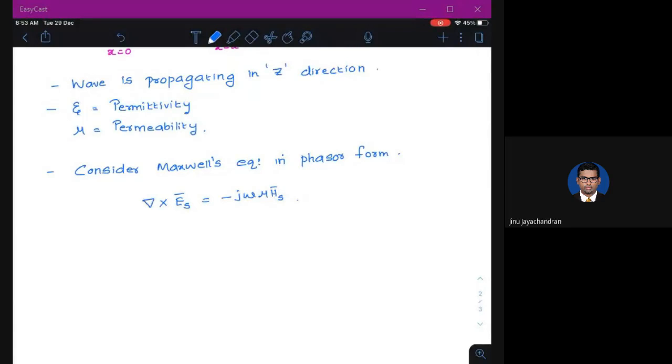And when you incorporate the phasor representation, in which we say E is equal to the real part of E0 e raised to j omega t, then you can derive that when you differentiate the actual vector, you will end up having the phasor representation of this. We have already seen this, so I am not going back and explaining everything. Okay, so this is the phasor form. So now let's expand this.